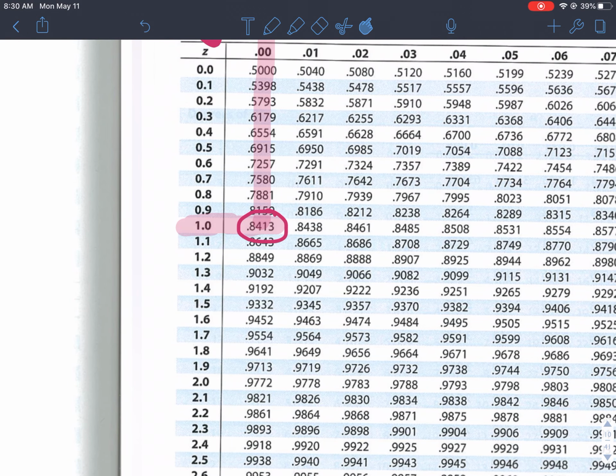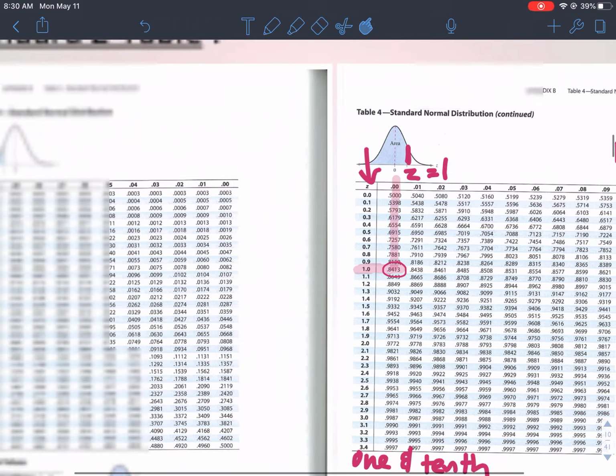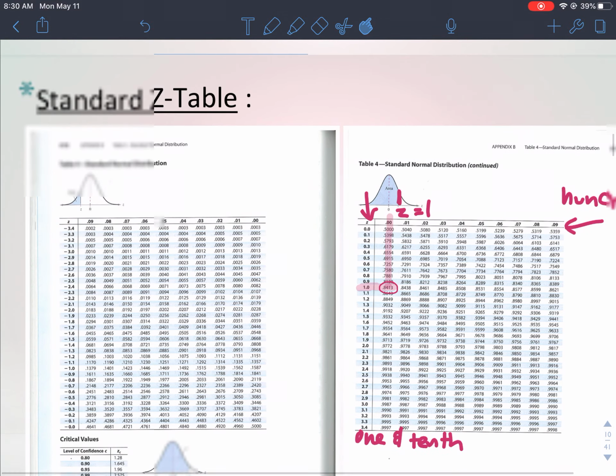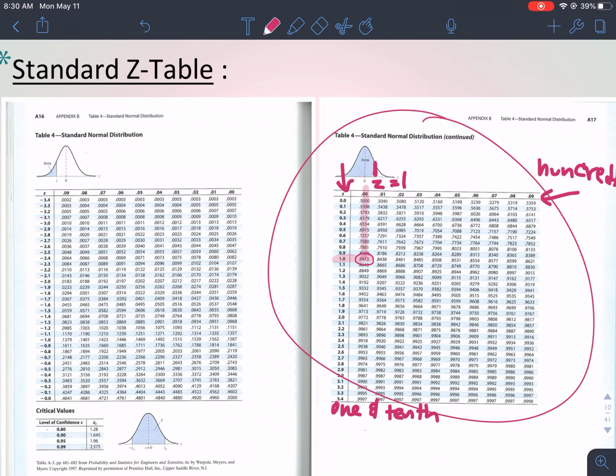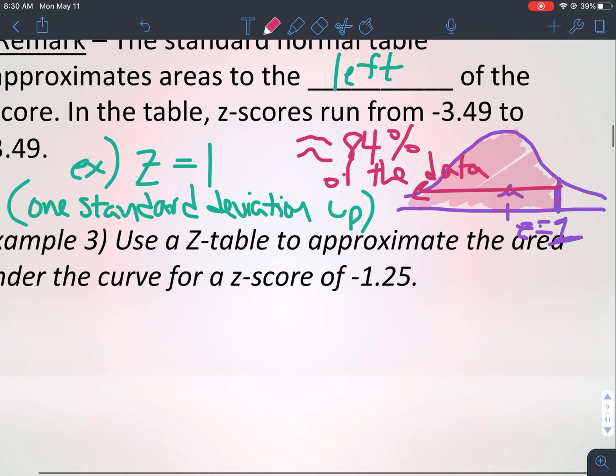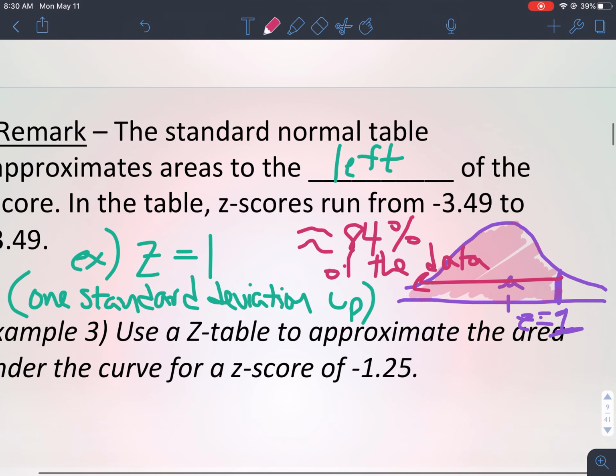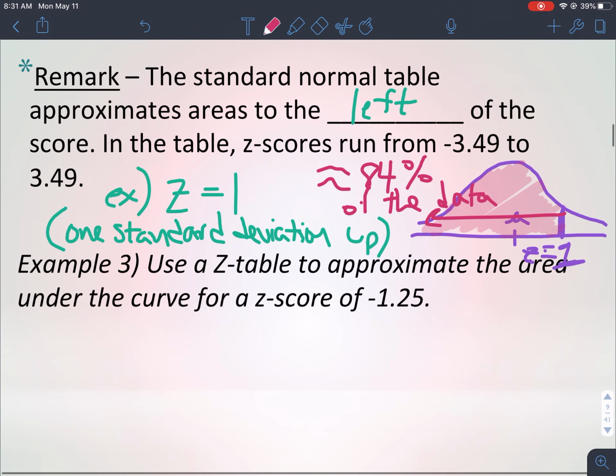So in case you're wondering, how did I get 84% for that previous example? It came from this table. And I took 0.8413 and rounded it to 84%. You now know how to read a z-table.